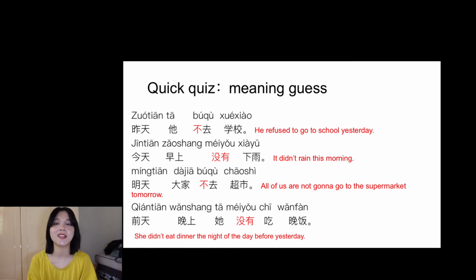So this sentence is tomorrow all of us are not go to the supermarket. And next one. 前天晚上他没有吃晚饭。It means the night of the day before yesterday, he didn't eat dinner.